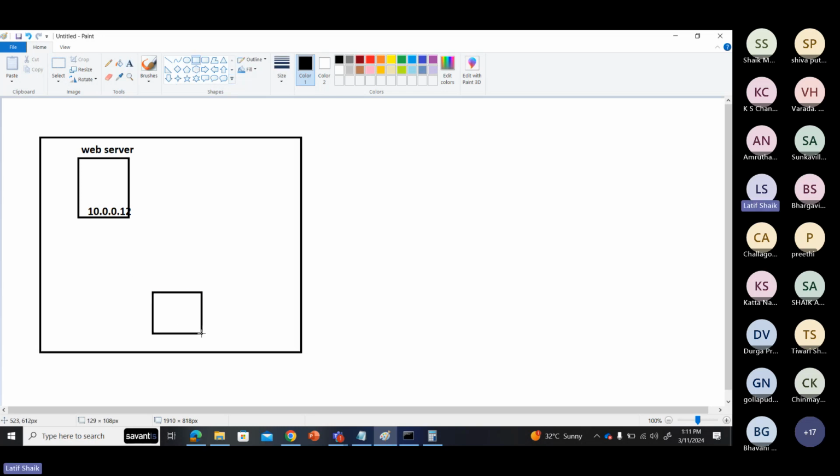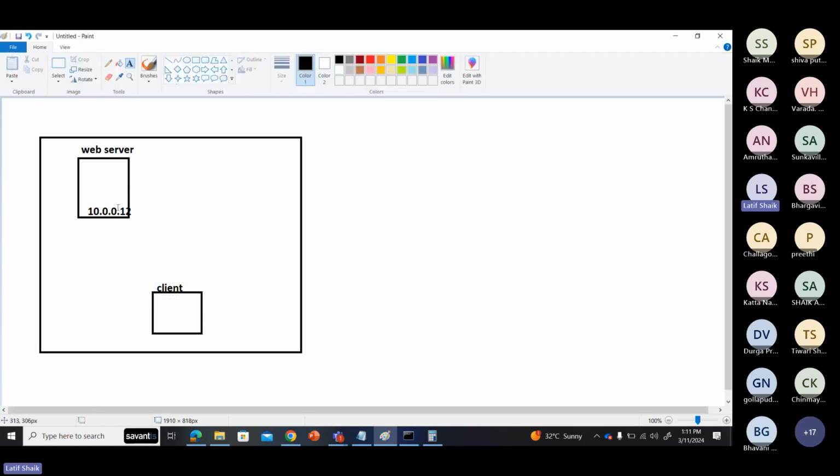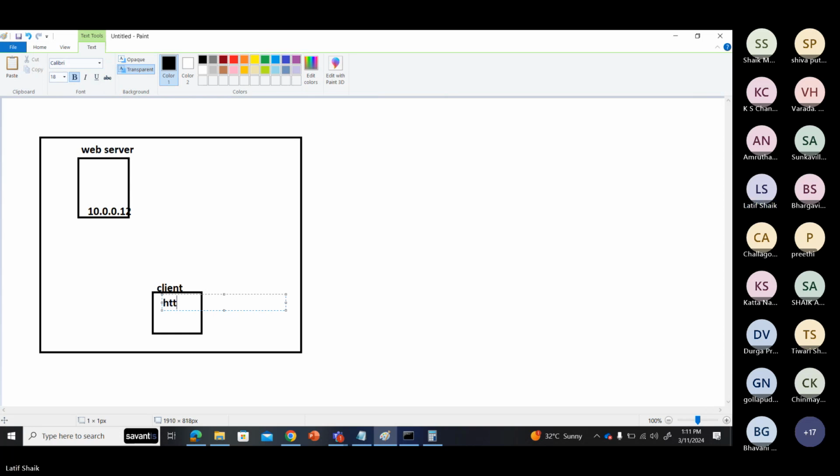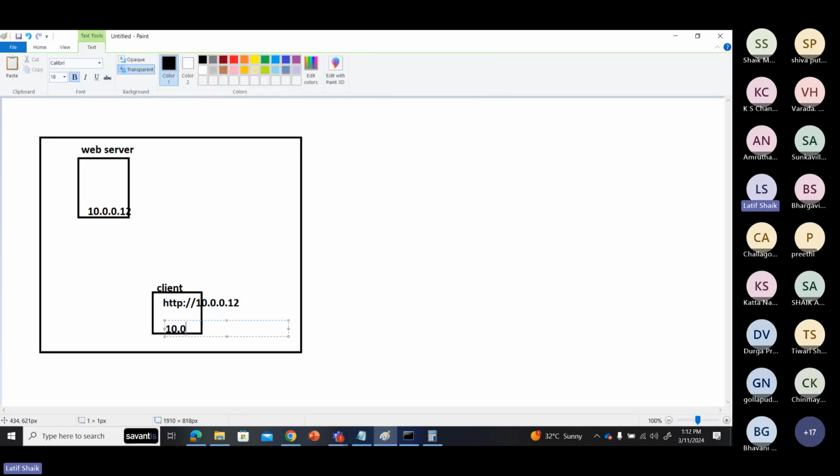I am a client with my own computer inside this network. This is the client PC. I want to access this website, so I put the URL in the browser. For our understanding I am using the IP address, so this URL belongs to the web server. And I am in the same logical and physical network.